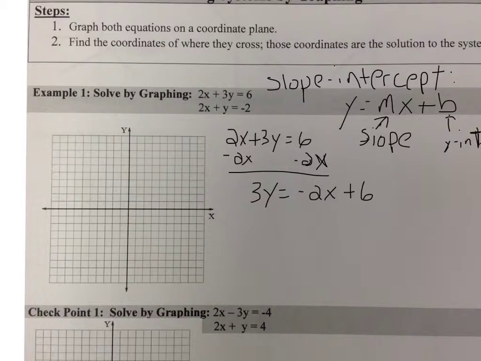If we divide by 3, we have to divide each term by 3. Y equals negative 2/3 x plus 2. Now the plus 2 means that's the y-intercept, so this is going to cross the y-axis at plus 2. And the negative 2/3 is the slope.